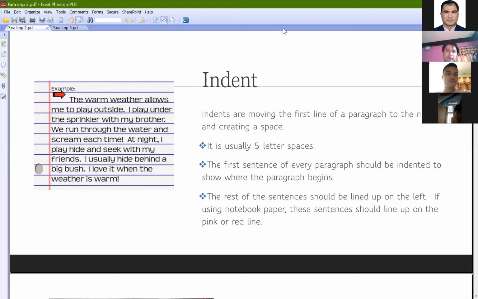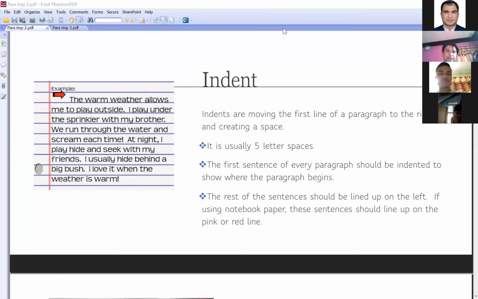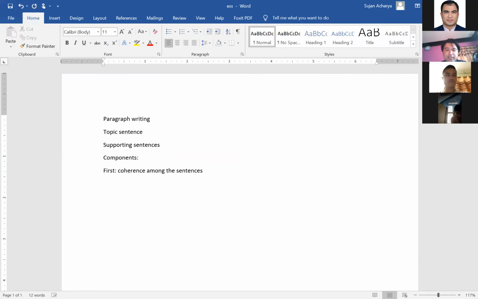Like, for example, in an imaginative writing like this one, the one that I have begun here, which you can see on your screen, you can come up with any supporting details, any supporting sentences.